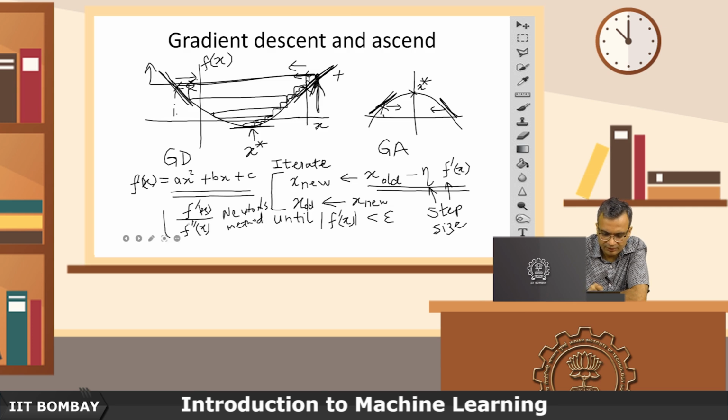But we will see when we talk about machine learning that this is not very useful. So, we stick to this gradient descent where we only compute the first order derivative of f of x.